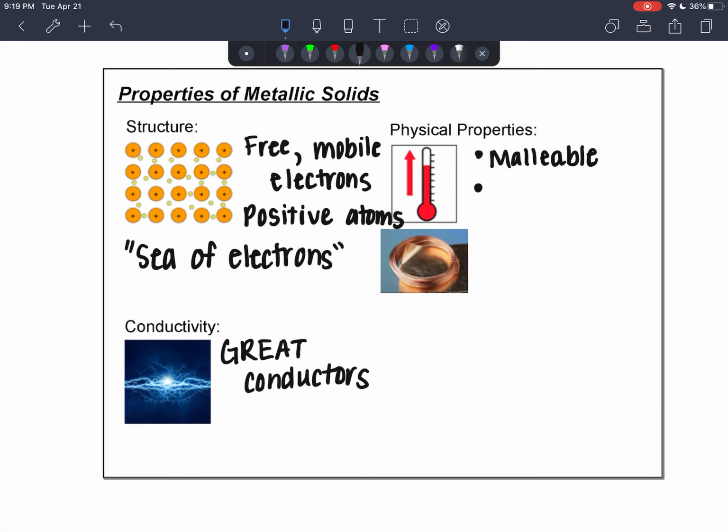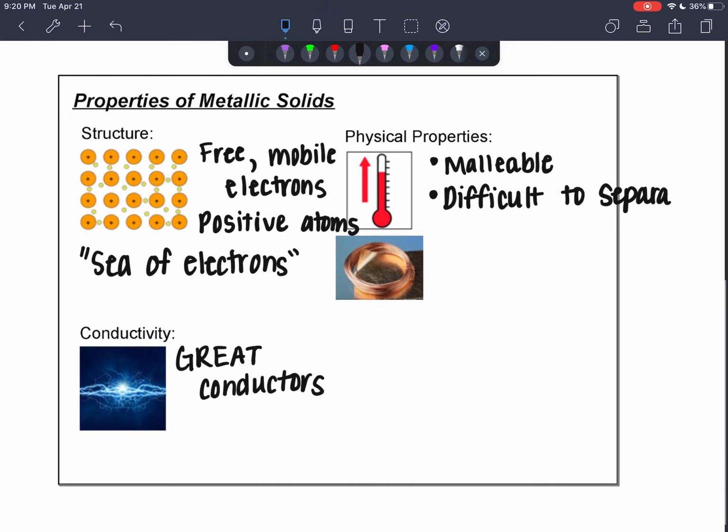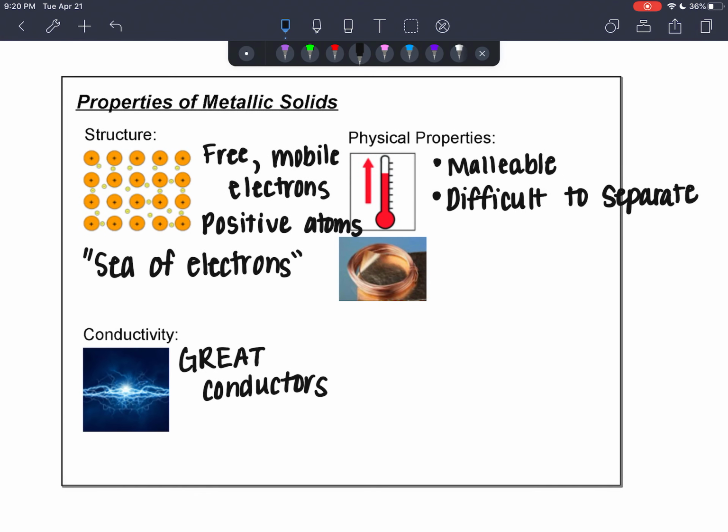And because I've got positives and negatives in close proximity to one another, this is going to make it difficult to separate. It's truly because there are positive and negative charges that are very attracted. So positives and negatives are going to be difficult to separate.